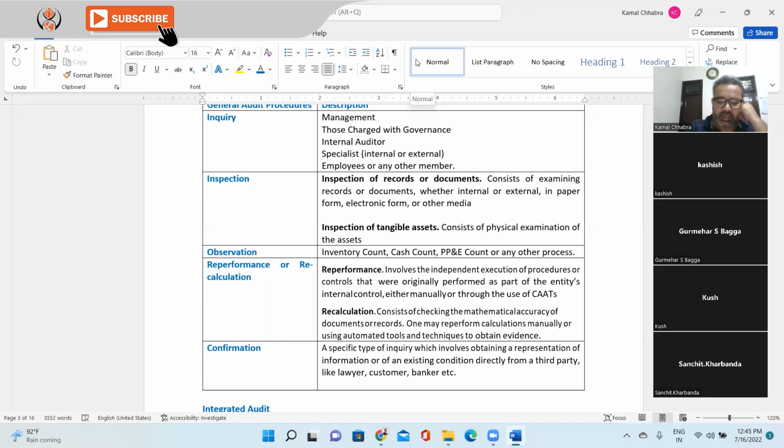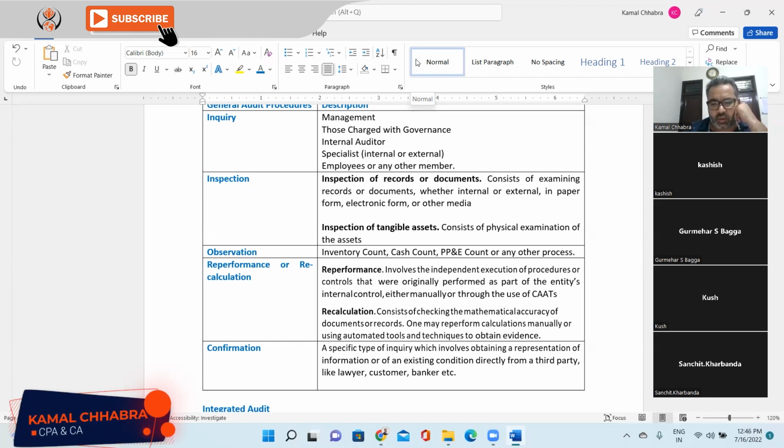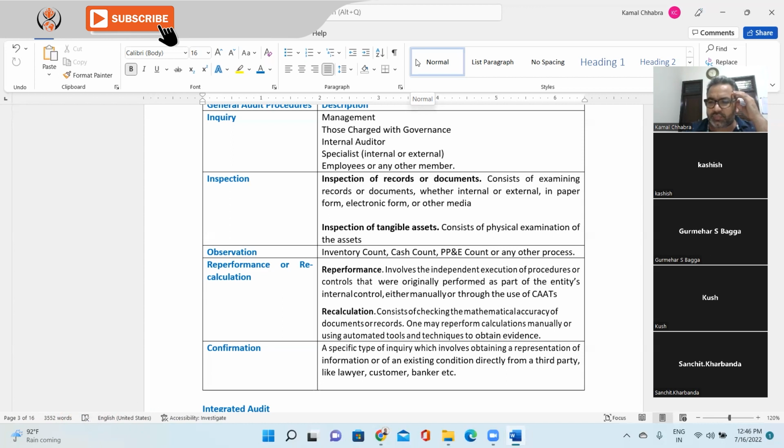One transaction you may observe how management is doing it, and one transaction you can reperform on behalf of management to further evaluate and understand how the results are coming. Is it matching with your expectation or not? So this can be an example for reperformance. But generally reperformance and recalculation are considered as one group of activity. Make sense? Yes, sir.